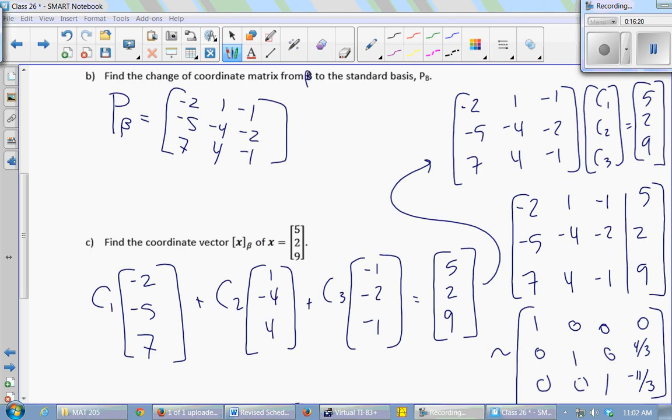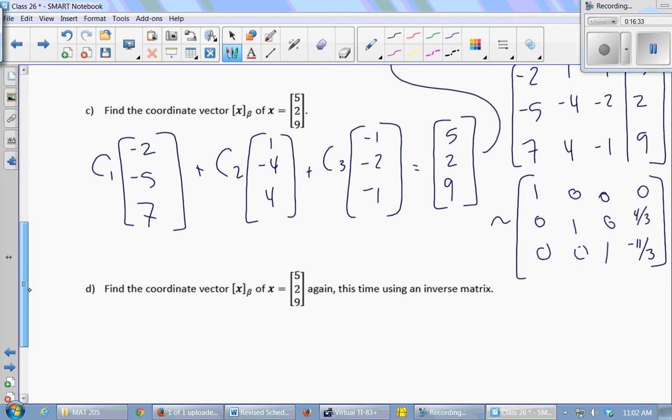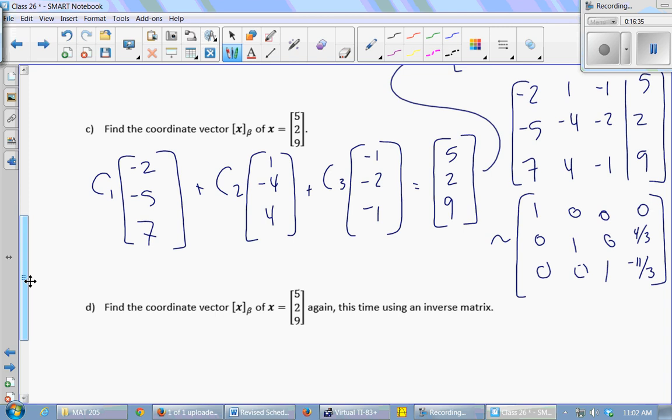Okay, so row reduce the augmented matrix, and we get that the coordinate vector with respect to the basis beta is 0, 4/3, -11/3. I'll write it down. That's what x sub beta equals.